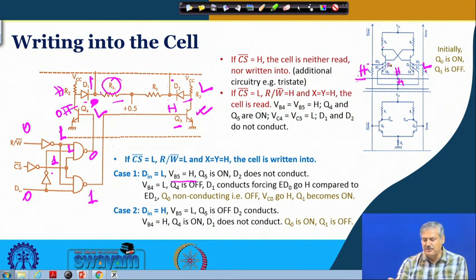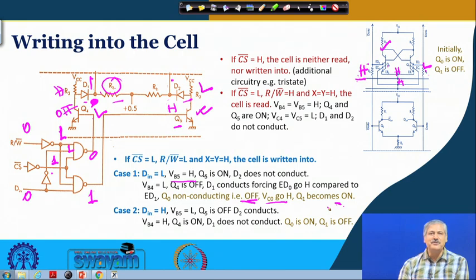So Q0 now will go off, will become non-conducting. So Vc0, this voltage will go high, which will make Q1 on. Okay. So Q0 which was on now becomes off, and Q1 becomes on.